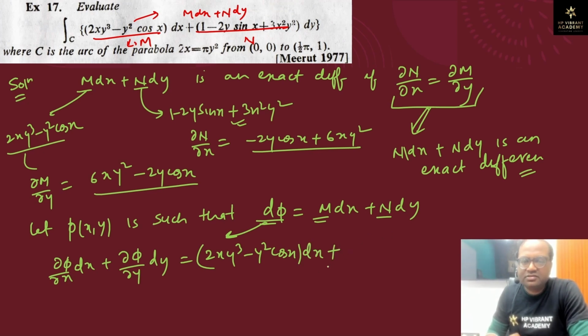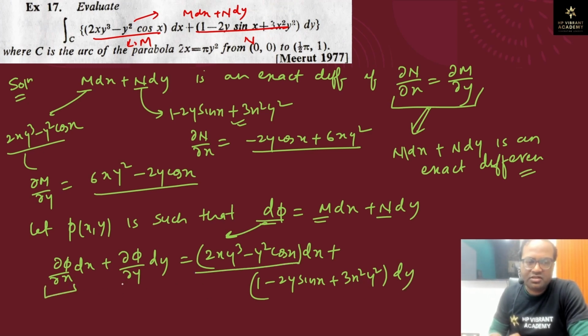N is 1 minus 2y sin x plus 3x square y square dy. So from here we have del phi upon del x as this expression and del phi upon del y as this expression.